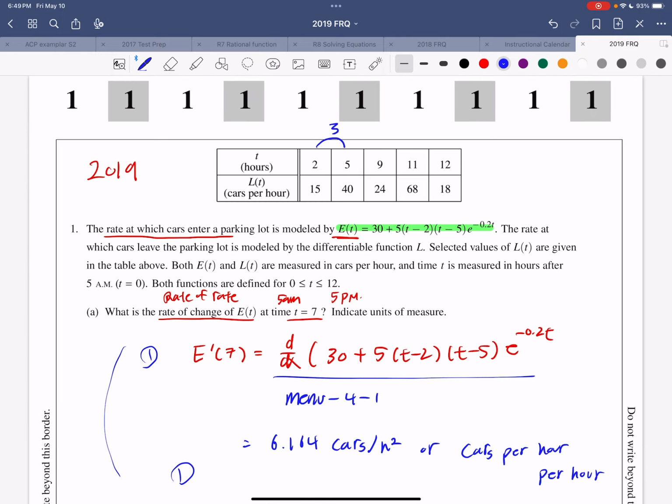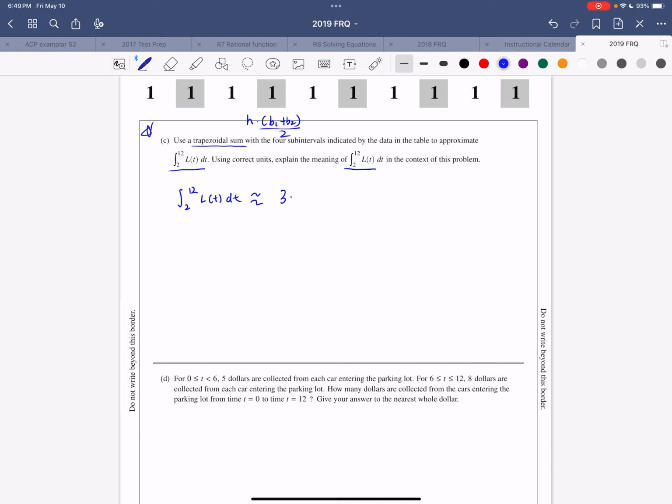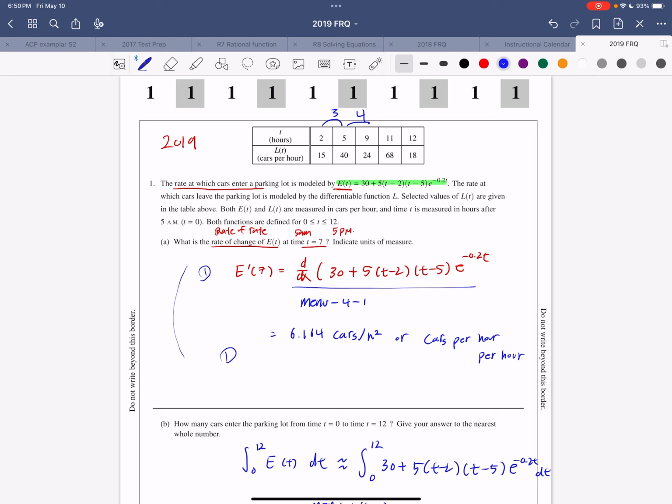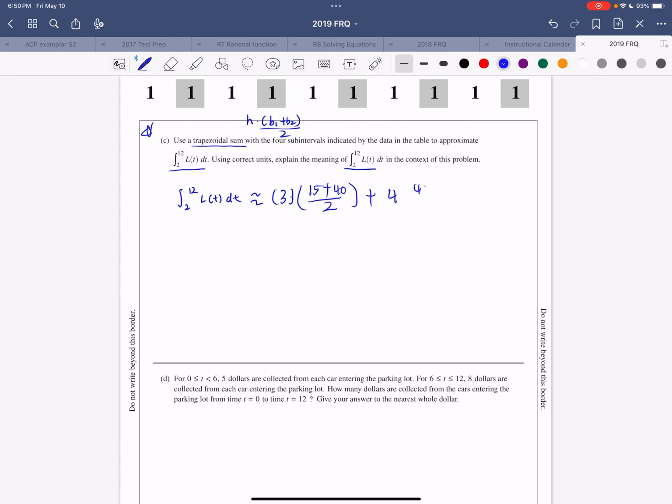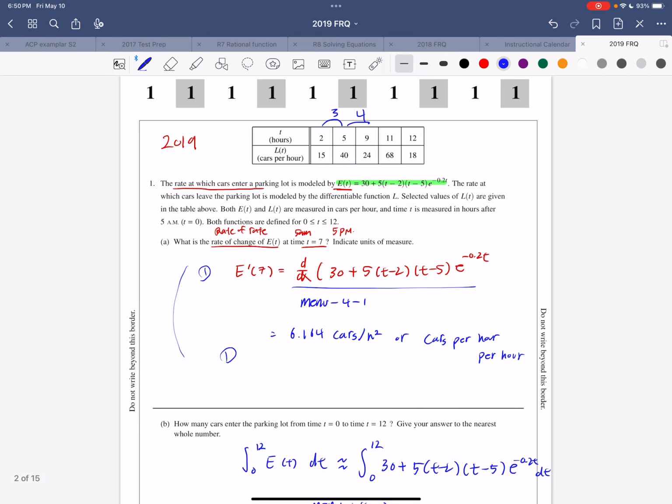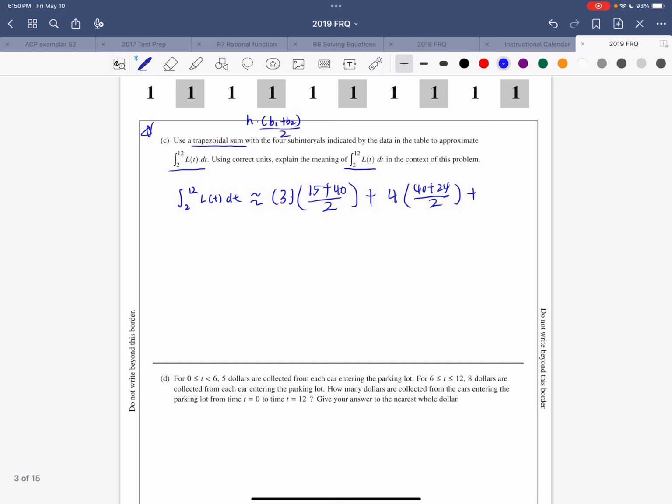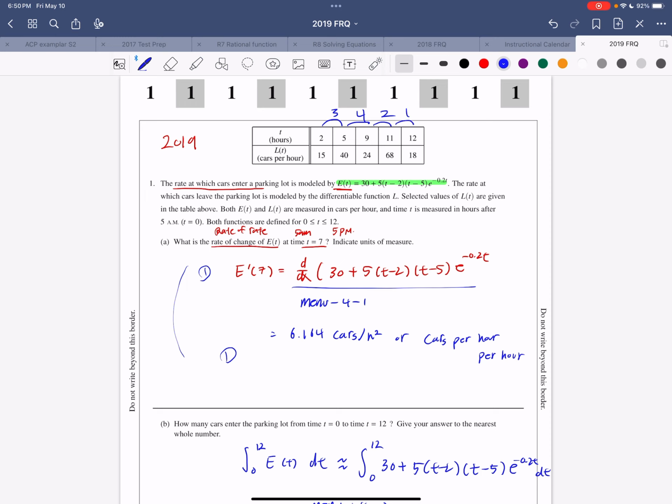So first it's going to be 3 times, what was it, 15 plus, I forgot, 40 divided by 2, plus 4 times 40 and 24 divided by 2, plus, next one, 9 to, it's going to be 2 times 24 and 64, 68, and I have one more, plus 1 times 68 and 18.